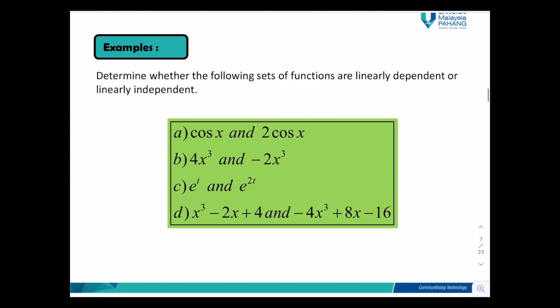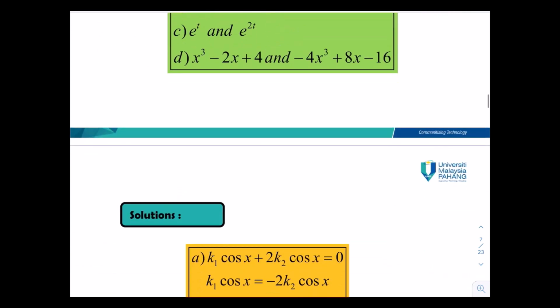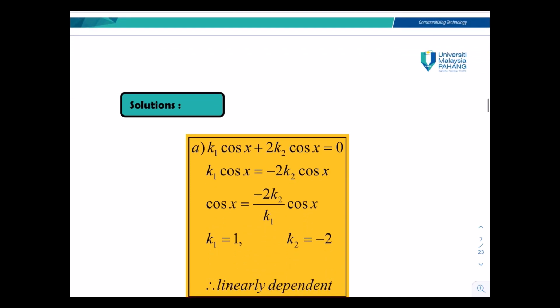Okay, look at this one. We focus on A. Let's say this is your y1, this is your y2. Since the previous slide used C, let's say c1 y1 plus c2 y2 equals 0. Obviously y1 here is cos x and y2 is also cos x.